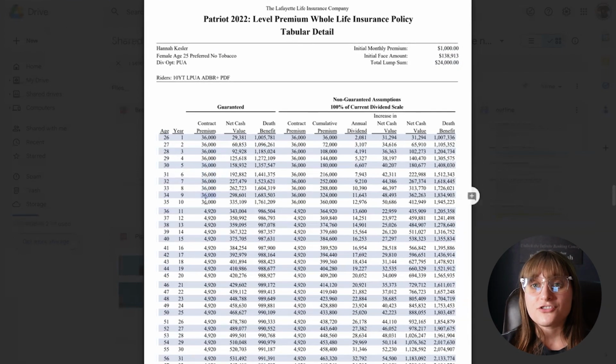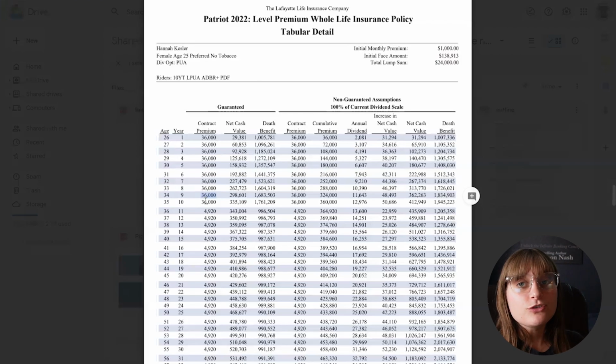I don't have to put in that extra $2,000 a month if I don't want to, or if I don't have the funds to. Maybe I was sick and I didn't go to work that whole week, right? Life happens, we get it. So this just gives him the flexibility that if I want to make these deposits or put in those extra monies inside of my policy, I can do so.